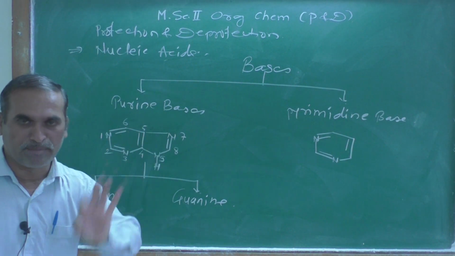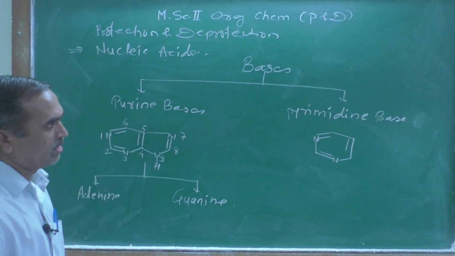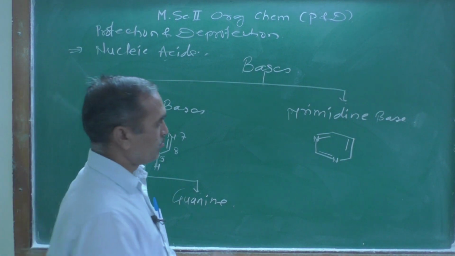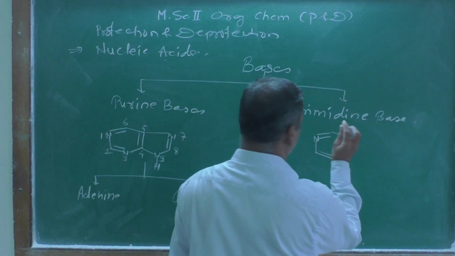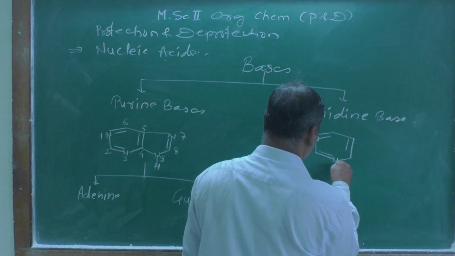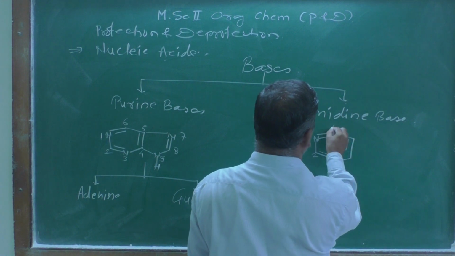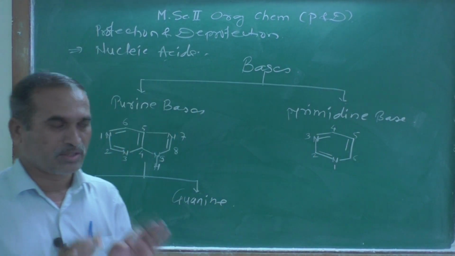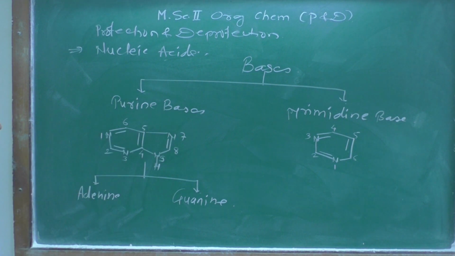So this is the numbering system given to purine. For this, the numbering may start from this or this, it doesn't matter, but let us start from here. This is number 1, that is the second, third, fourth, fifth and 6th. That's it. So this is the numbering system you should remember.